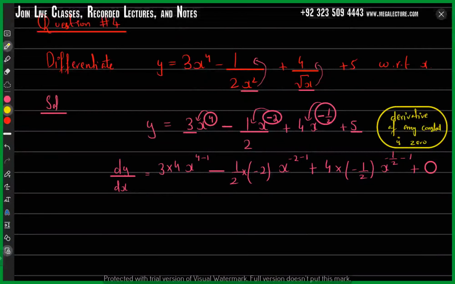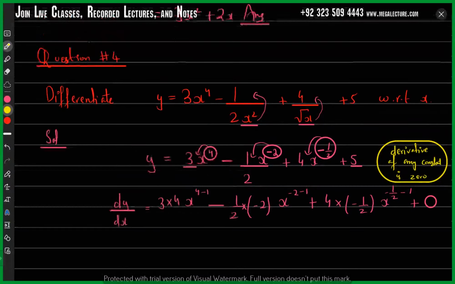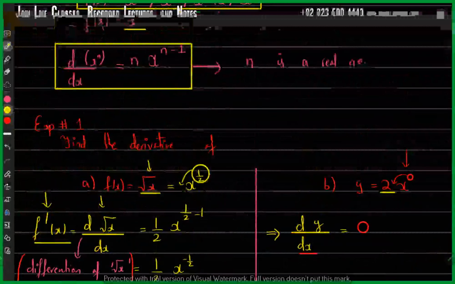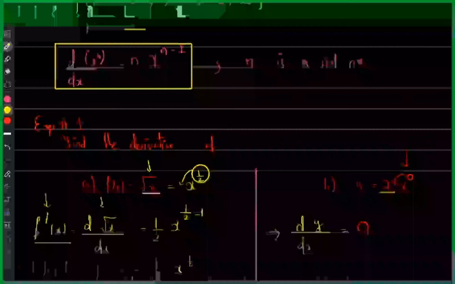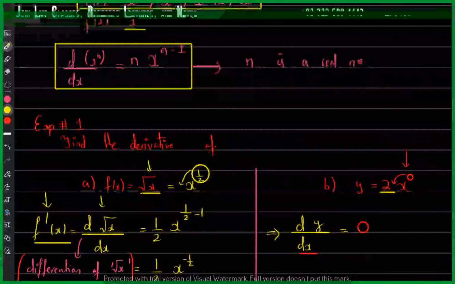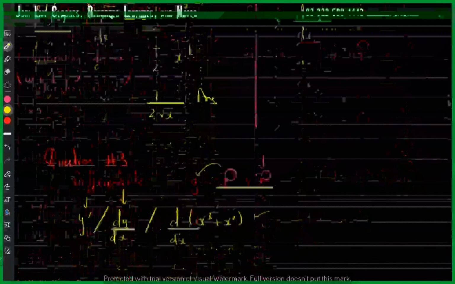Why? Because the rule that we have studied basically had x to the power n. So x to the power n means that your variable is in the numerator, and n could be a negative number, so that is fine. But all you need to do is just take your variable from the denominator to the numerator.